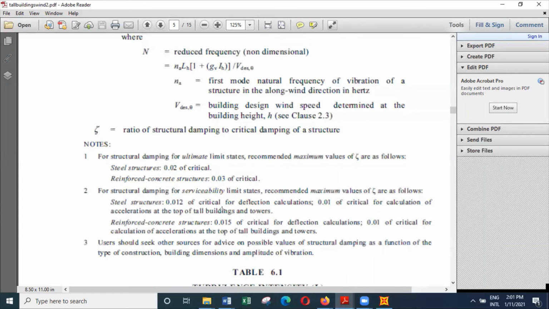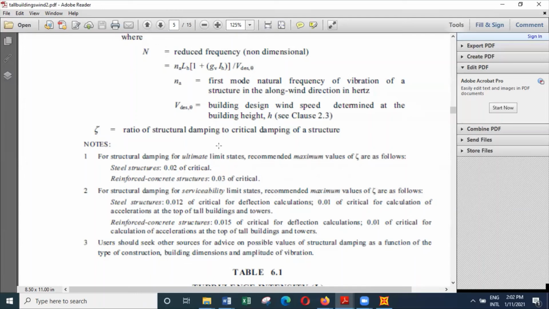But under service conditions, the structure is cracked to a lesser extent, so the damping is also low under lower wind speeds. When you are looking at serviceability conditions, we generally consider lower damping values, whereas when you are considering the ultimate effects, we consider higher damping values.